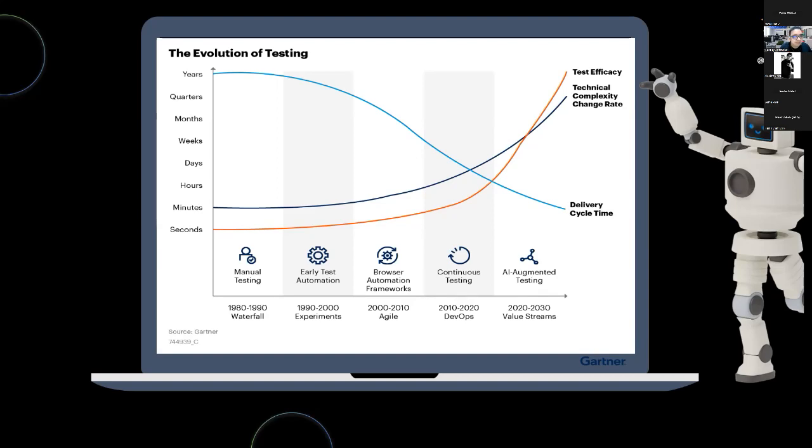But in the latest trends today, Gartner states there is a lot of focus on AI-augmented testing. The reasons for adoption are higher test efficiency, the ability to tackle technically complex problems and real-time use cases, and, more importantly, to reduce the delivery cycle time.